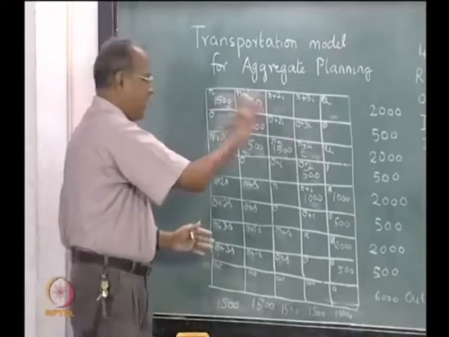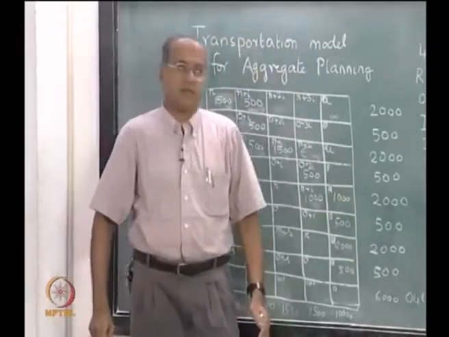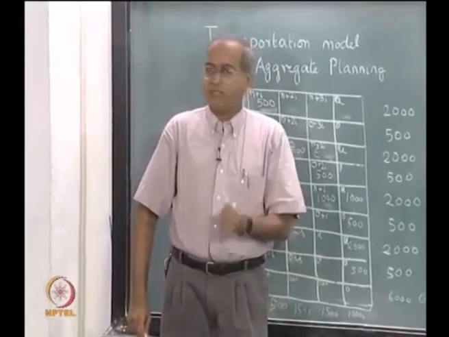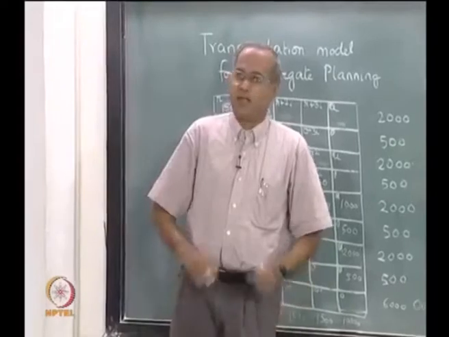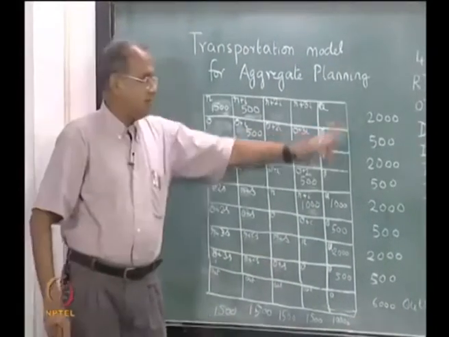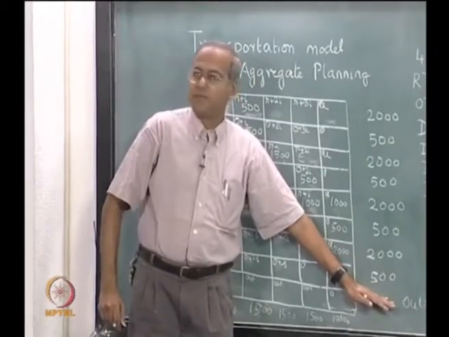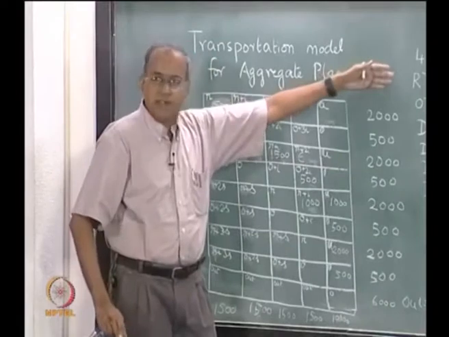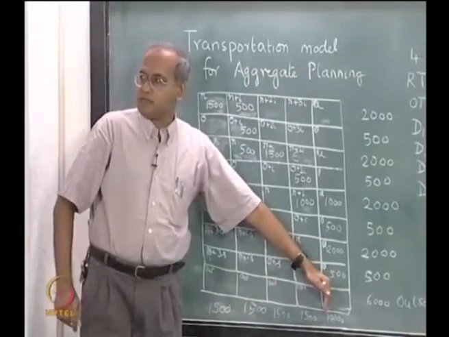Now, before I wind up, I can tell you that if we go back to the example that we considered both in the tabular method and in the linear programming method, and if we modeled it as 12 periods, which means we will have 24 rows plus one initial inventory, 25 rows, plus 12 periods, 12 columns.